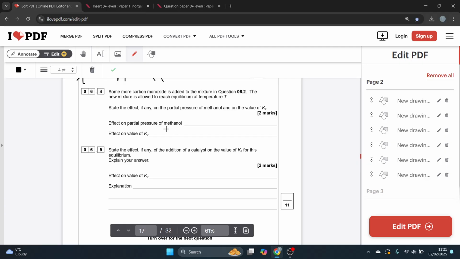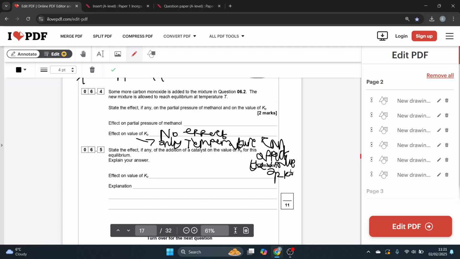Effect on the value of Kp: no effect, because only temperature can affect the value of Kp.